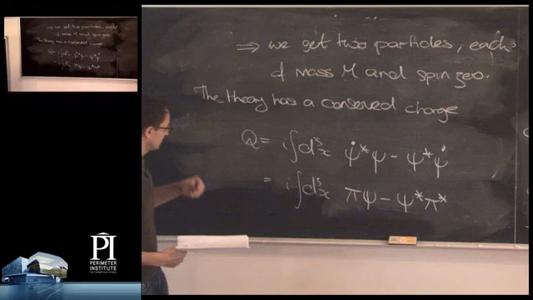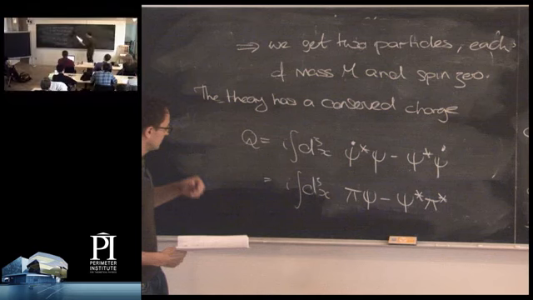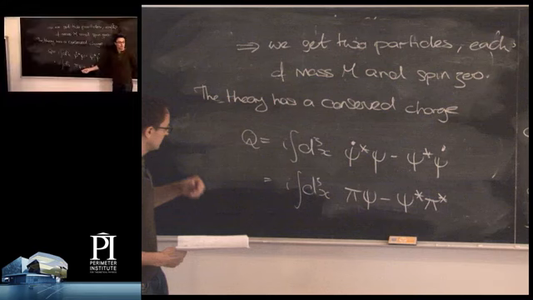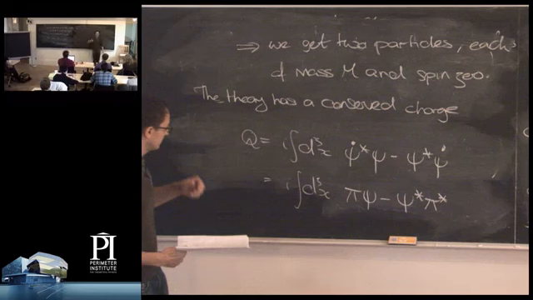Now comes one of these tedious exercises that you're going to do over the weekend. Plug in the definitions of pi and psi in terms of the mode operators, the b's and the c's. Do the integral over x. There'll be one of these annoying infinite coefficients that you'll throw away by normal ordering.